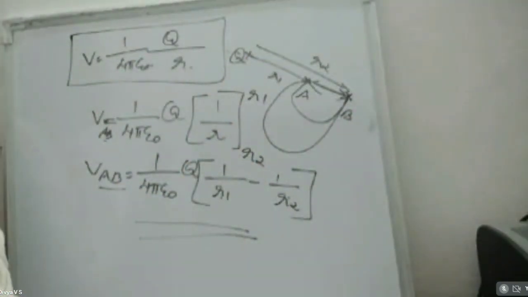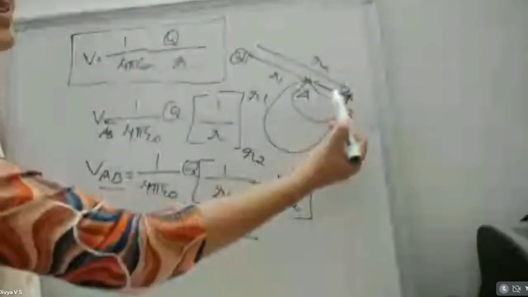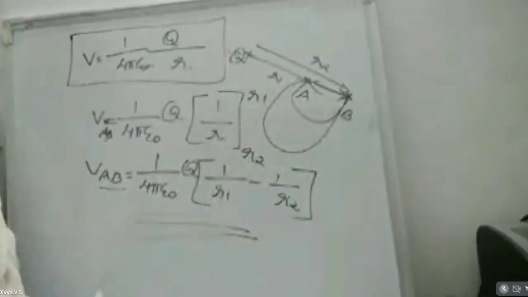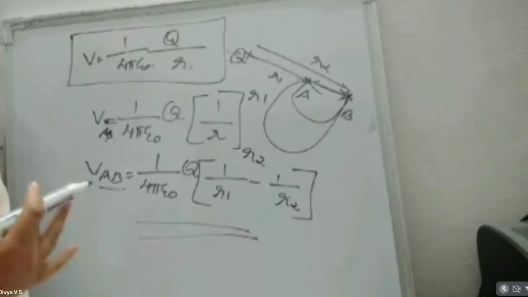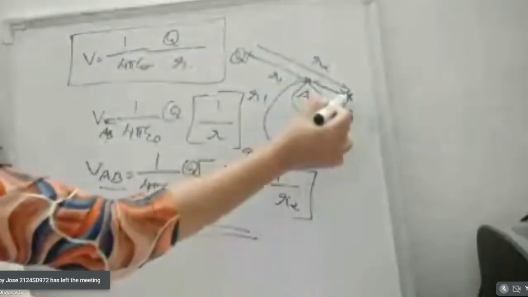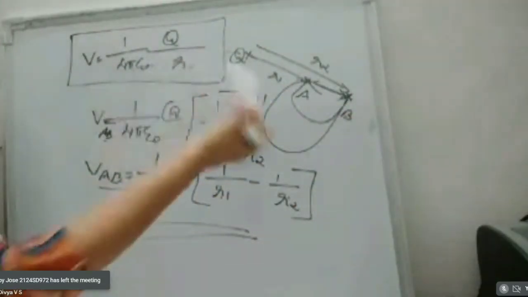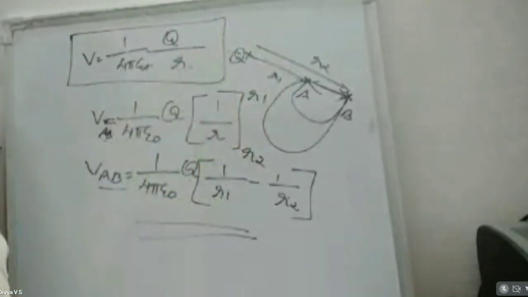That means through any path we can bring the charge from one point to the other, but potential difference depends only on the end points, not on the path along which it is brought.